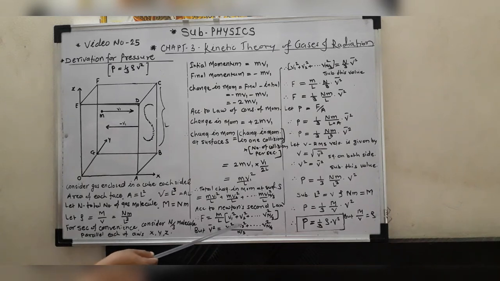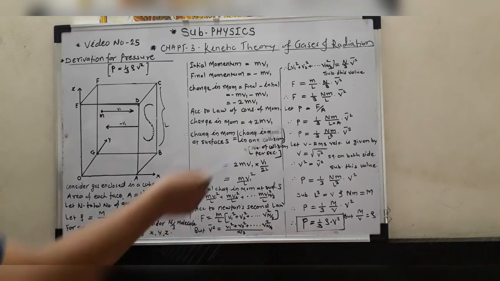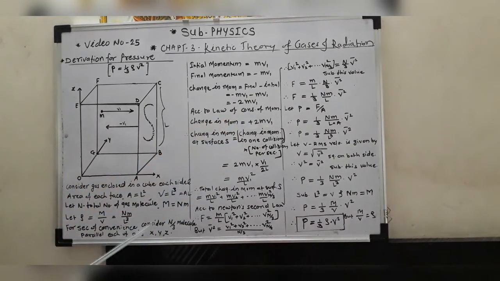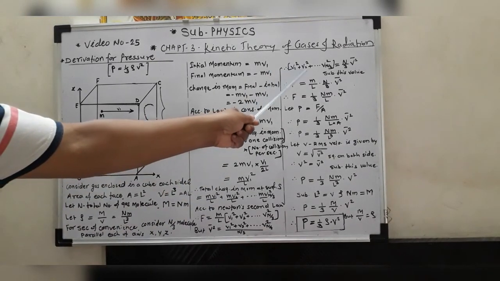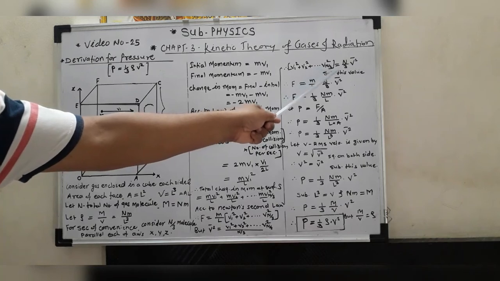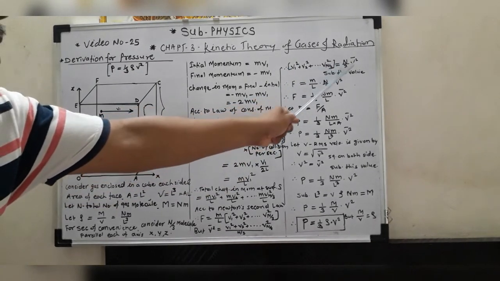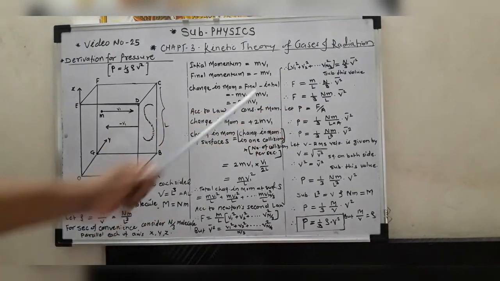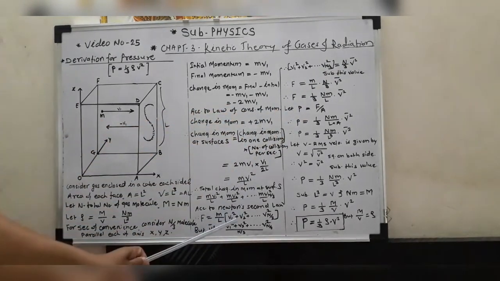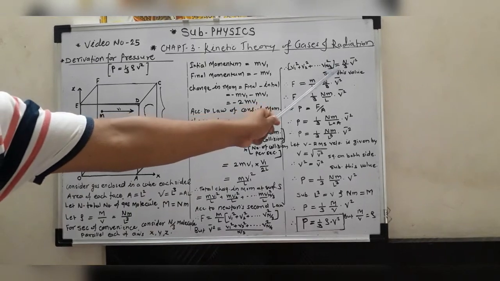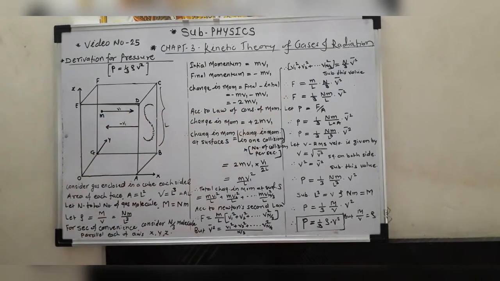Therefore in this bracket we can write n by 3 v square bar. See here, this is the bracket, v1 square plus v2 square plus dot dot dot vn by 3 square, and taking the denominator term to the other side, n by 3 into v square bar, and substituting this value of the bracket we can write n by 3 v square bar. This is the mean square velocity.